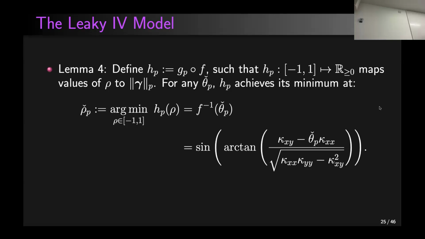For fixed rho, I've got a theta and I've got a gamma norm. Because I've said that tau is the maximum leakage I'll permit, I need the two values of rho where I intersect with that norm. Those will be the min and max.